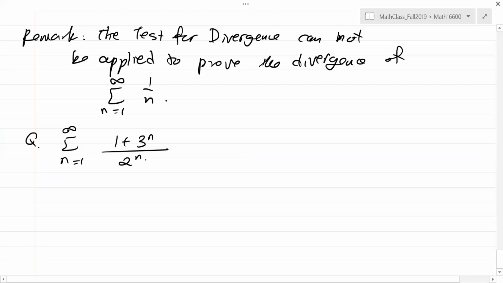Divergent or convergent? Convergent, you have to prove it, right? Divergent, you have to prove it.